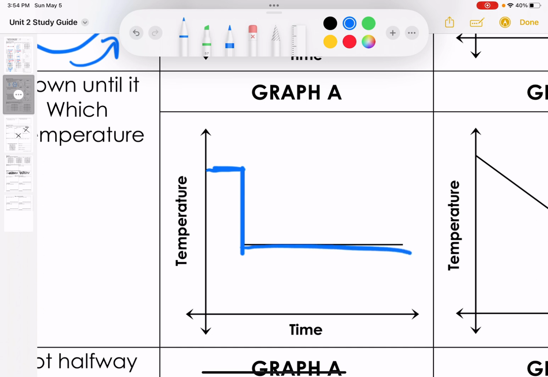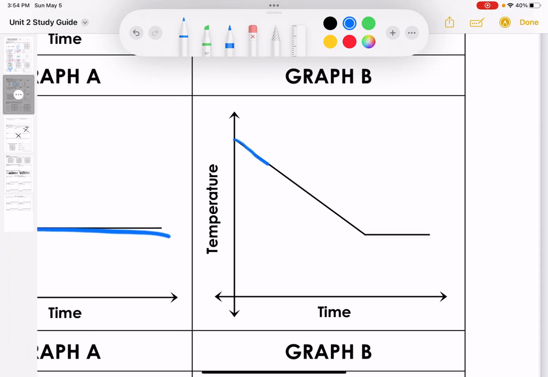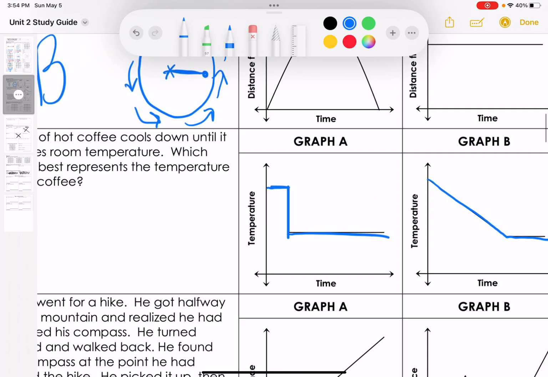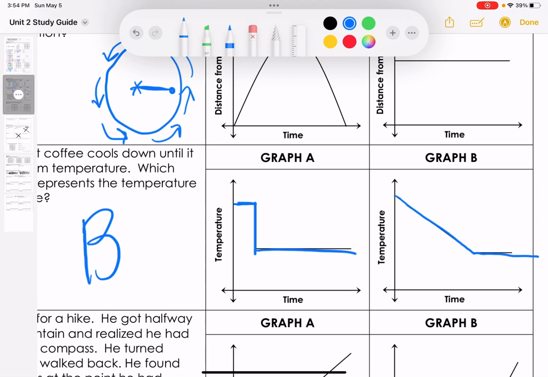That probably won't happen unless you're putting like a piece of ice or something in that coffee. But here, the coffee is gradually getting less hot, and then it reaches room temp, so then it levels out. So this one is also going to be graph B. And I'm going to leave number 12 for you to do on your own.